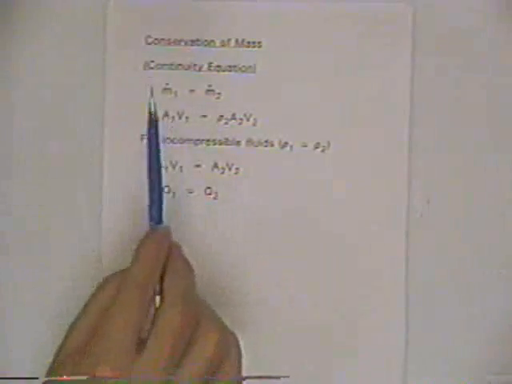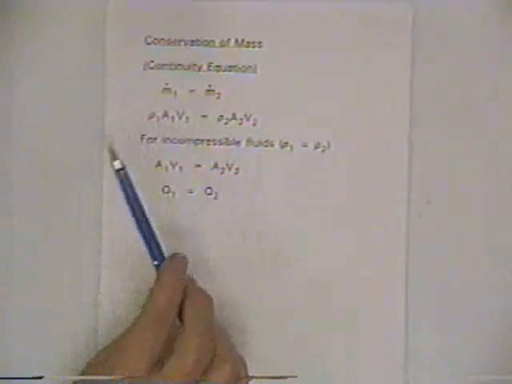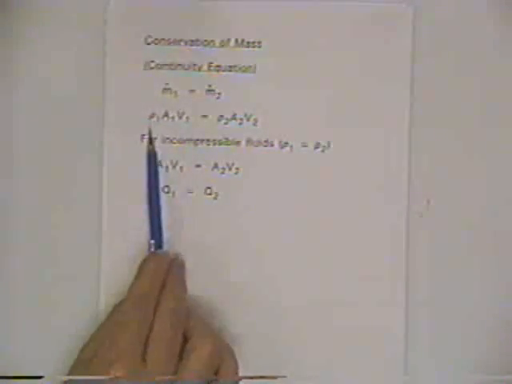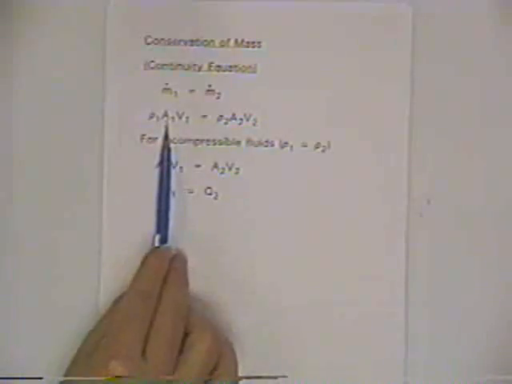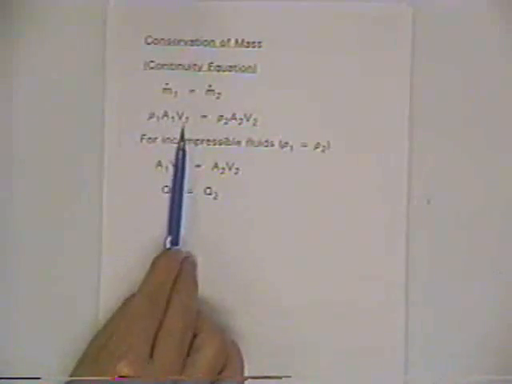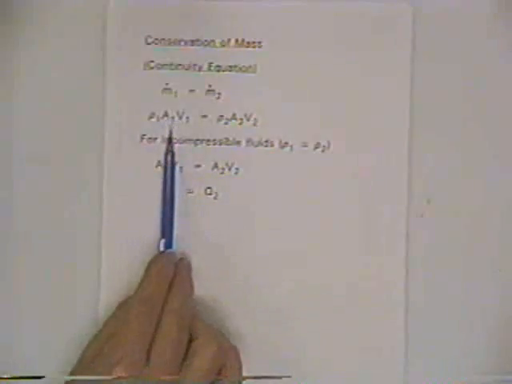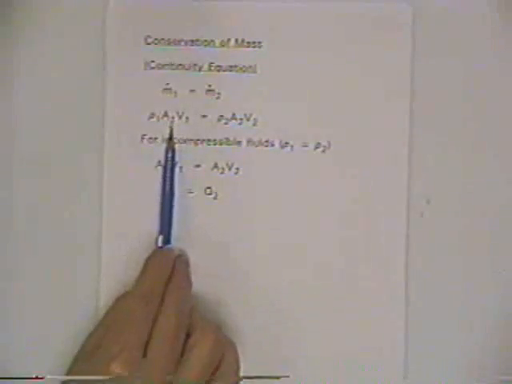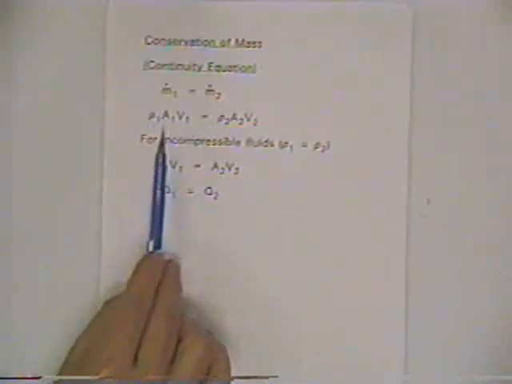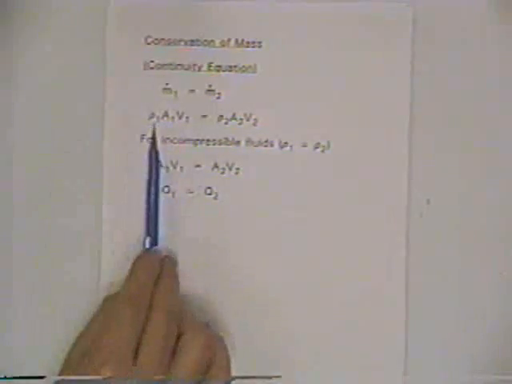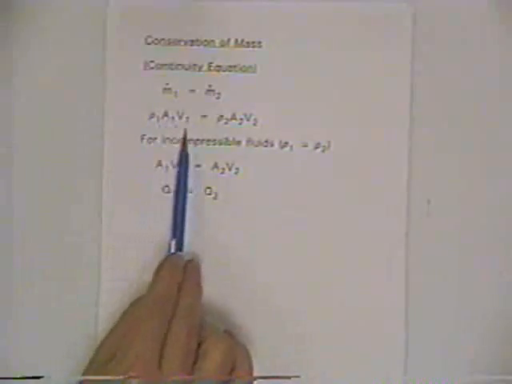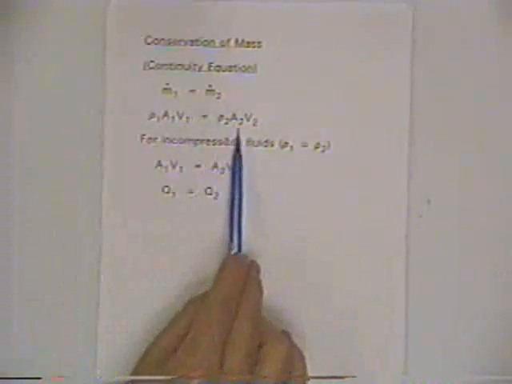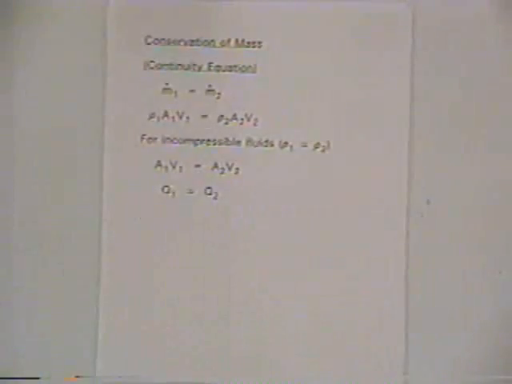And so we can write the mass flow rate as volume times a density. And the volume we can write as a cross-sectional area of flow times a mean velocity flowing through that cross-sectional area. And so that's a representation of volume, and then we multiply that volume, or volumetric flow rate, of volume per time, times mass per volume, and that gives us a mass per time. And so whatever mass is coming into the control volume, the same mass is leaving, assuming no change in storage, a steady flow situation with no change in storage.